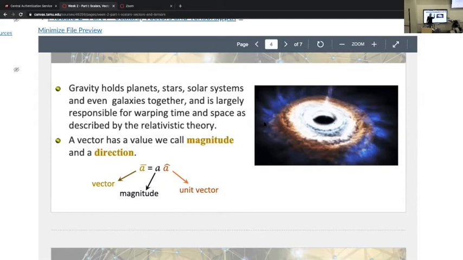A unit vector, if you have a vector like this, all right, if you have this vector, vector A, a vector here which has the same direction as vector A but a magnitude of 1 is called a unit vector.